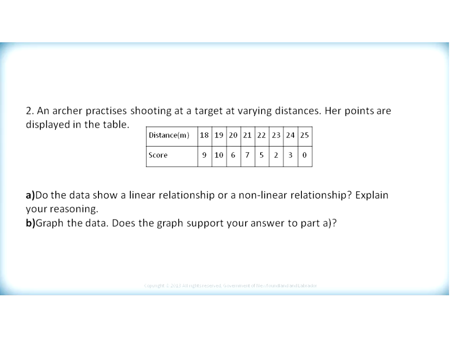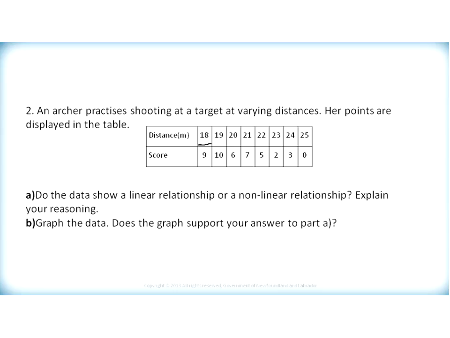Okay, here's another question. It's a common type of question you might see with regards to linear relationships. An archer practices shooting at a target at varying distances. Her points are displayed on the table. So we can see that she keeps taking 1 meter back from her starting position.